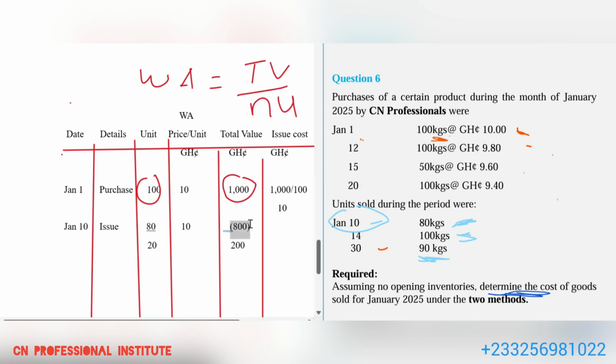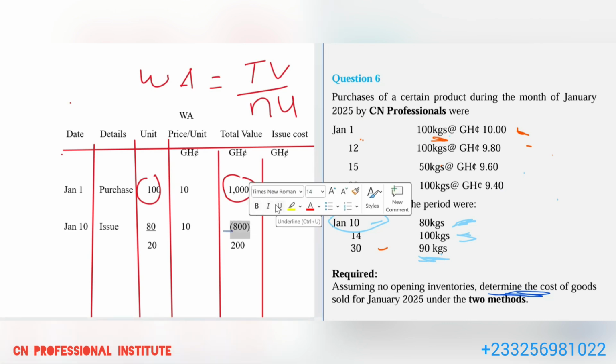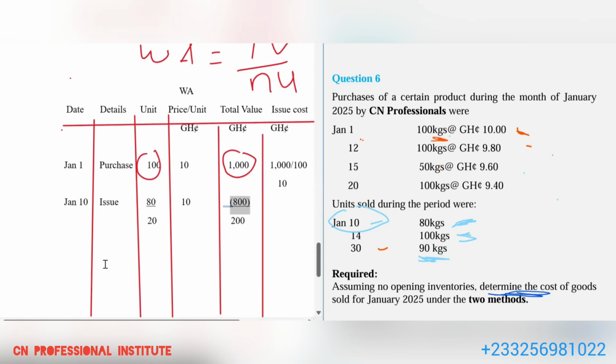Then we have the next one, which is date January 12. So January 12 purchases, we purchased, how many units did we purchase?